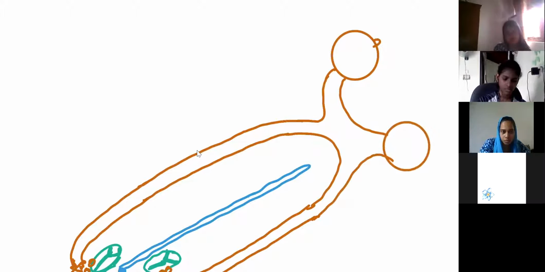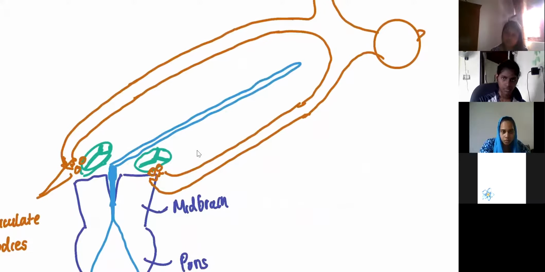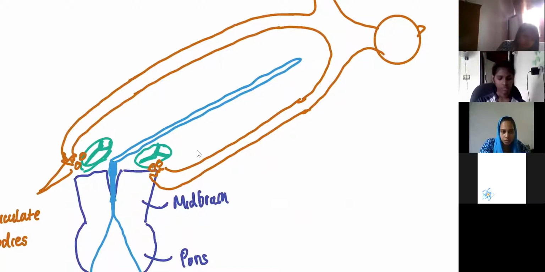This is our eyeball. Now, can someone tell me what is present here? Don't fully color it. What is present here? Hypothalamus. Yes. And hanging from the bottom of the hypothalamus, you have two structures which look like mammillary bodies.